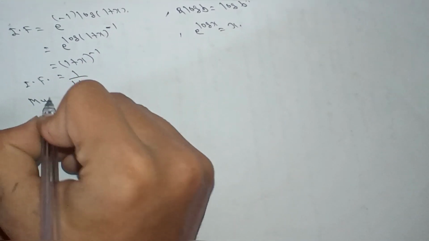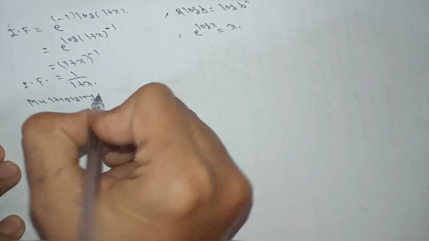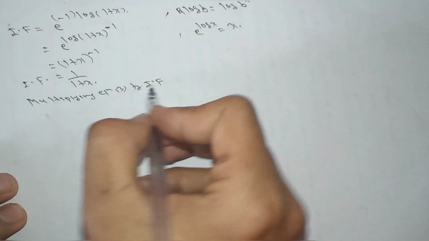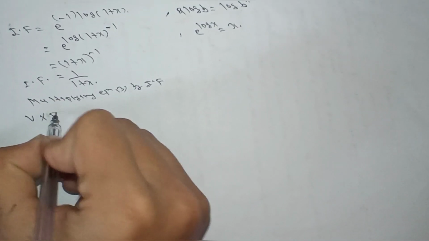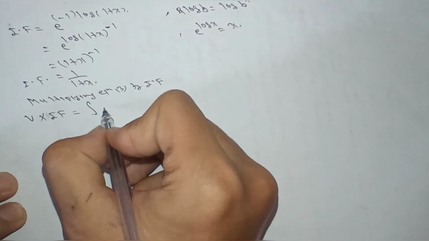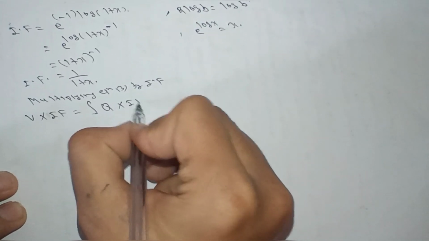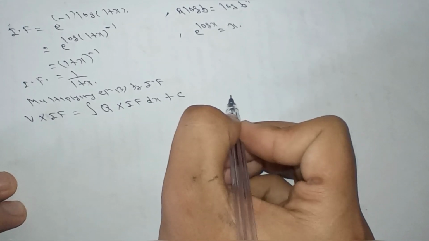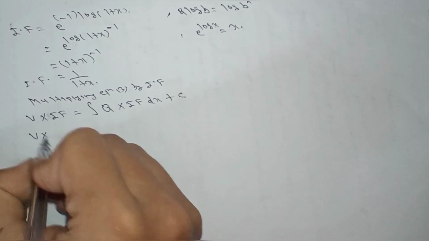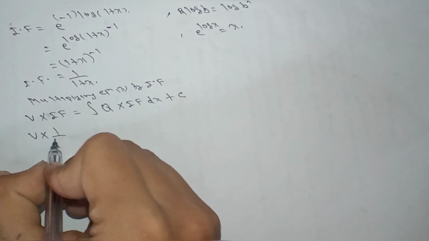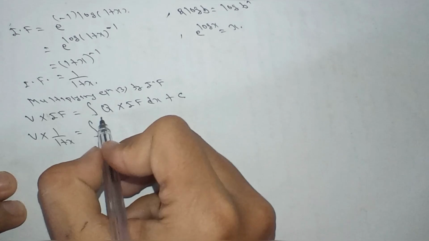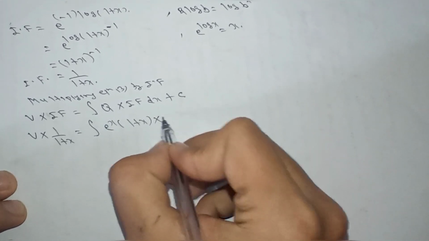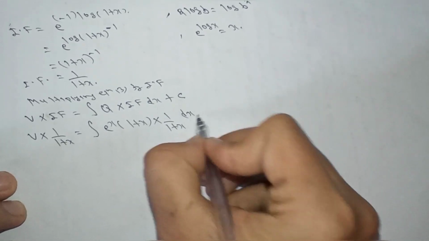Now multiplying equation 3 by IF, we have the formula b into IF is equal to integration of Q into IF dx plus c. So we have b into IF, which is b by 1 plus x, and in the Q term we have e power of x into 1 plus x, and in the IF term we have 1 by 1 plus x, dx plus c.